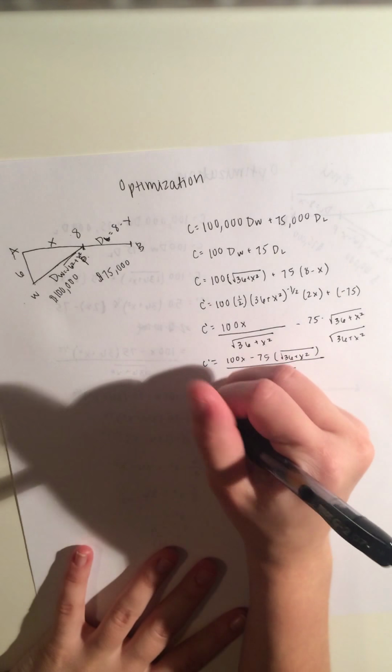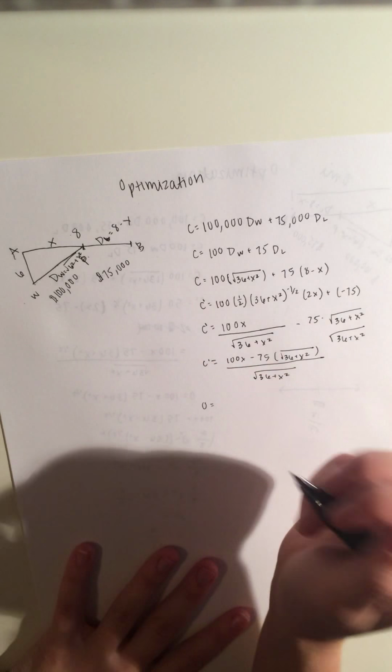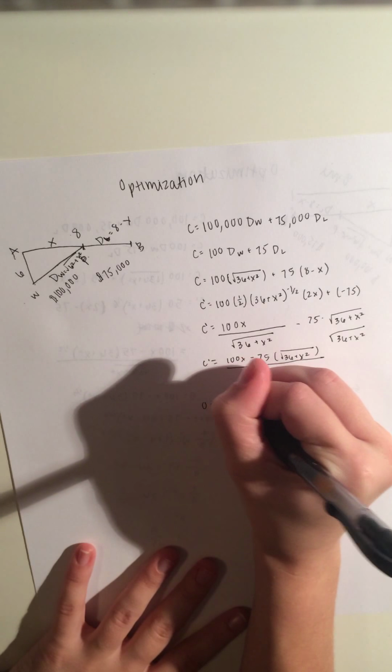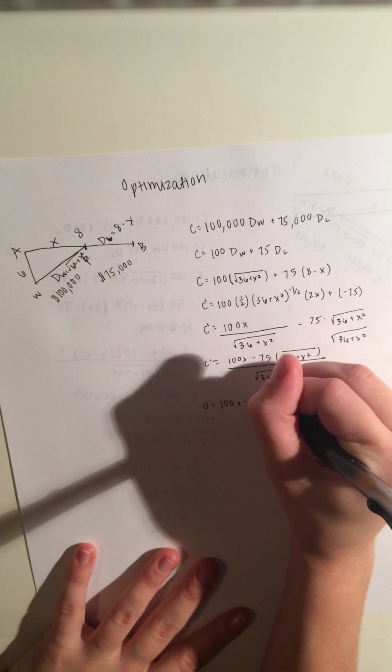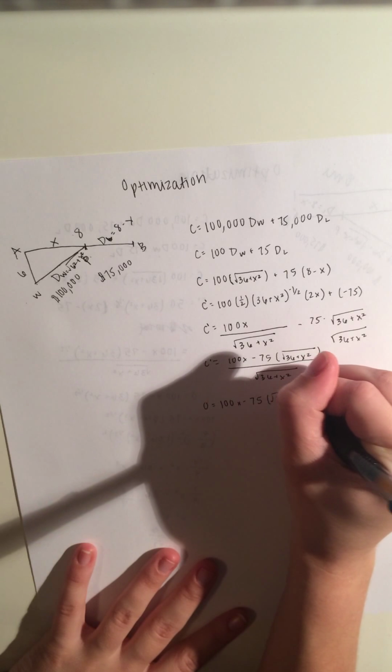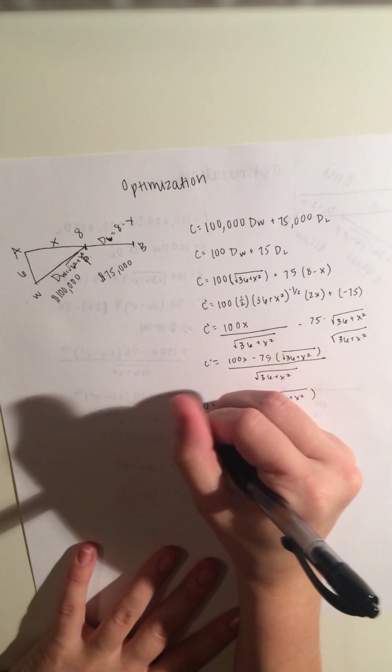And then you go ahead and set this equal to 0. Just set the numerator and solve for x.